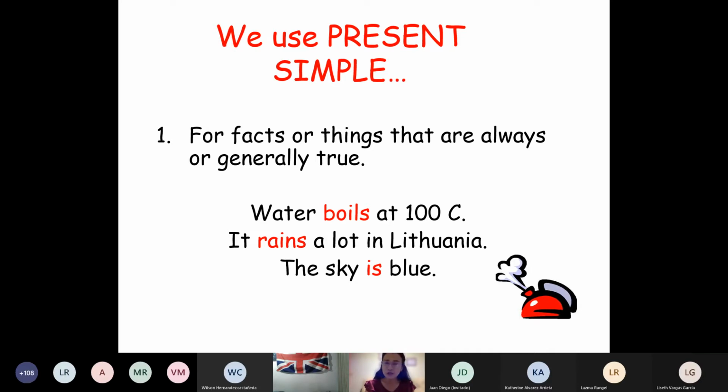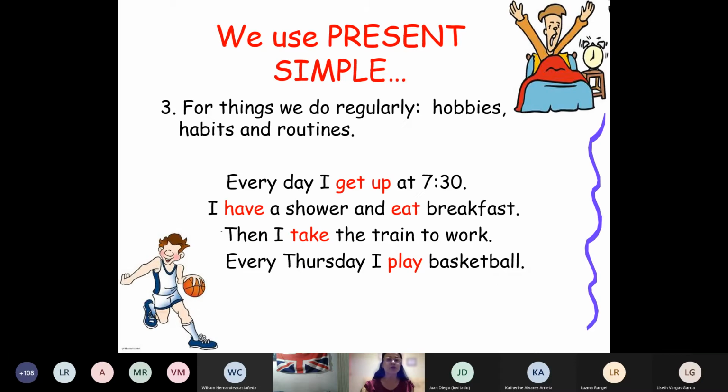So we use the present simple when you want to express facts. Facts means hechos, or general truths, okay? Something that is always happening. And also we use the present simple for things that we do regularly.